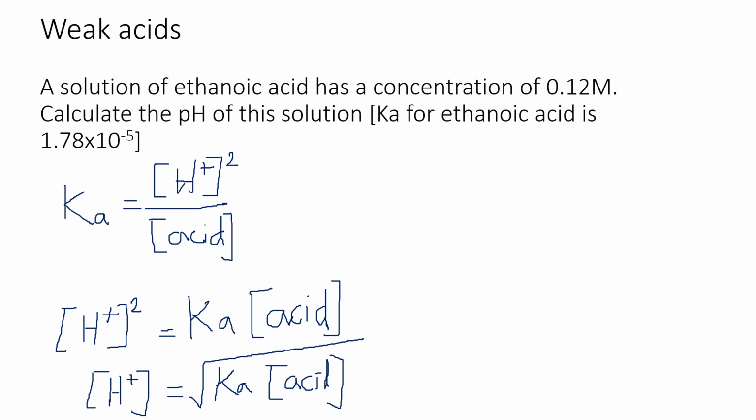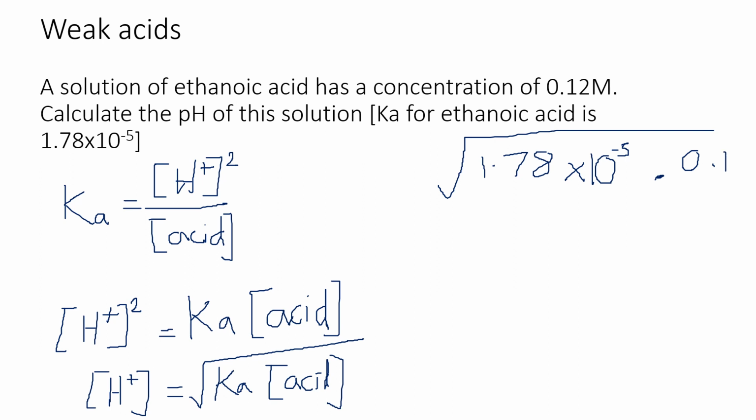And at this stage we're ready to start plugging some numbers in. So it's going to be the square root of Ka, which is 1.78 times 10 to the minus 5, times 0.12, which is the concentration of the acid.